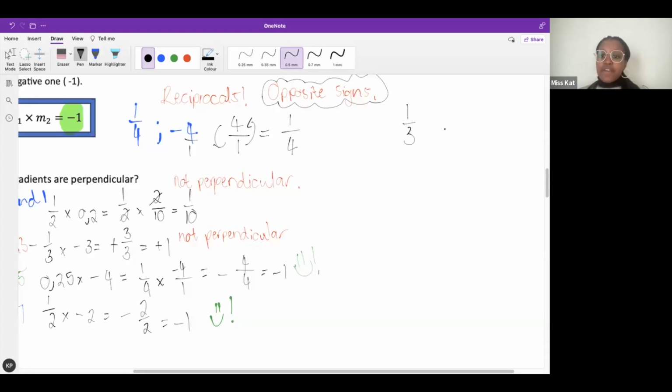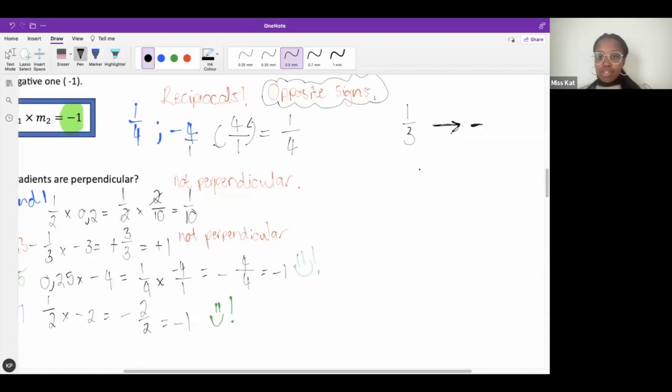First, the perpendicular line has to have an opposite sign. So what is the sign of the perpendicular line? 1/3 is positive, so my perpendicular line has to be what? Negative. So I know that the gradient of my perpendicular line has to be negative. Now, guys, what is the reciprocal of 1/3?